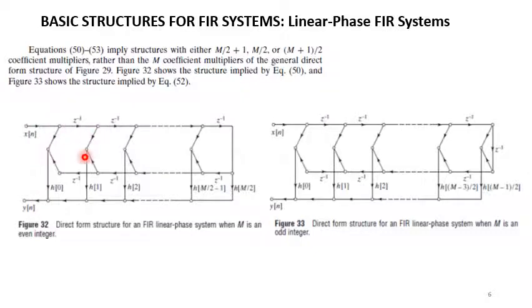Similarly, the one unit delayed signal and the signal delayed by m minus 1 we get here, so we add them and scale them by h of 1. So we multiply by h of 0, h of 1, h of 2, up to h of m by 2 minus 1. This shows that we have essentially reduced the coefficients by almost half.